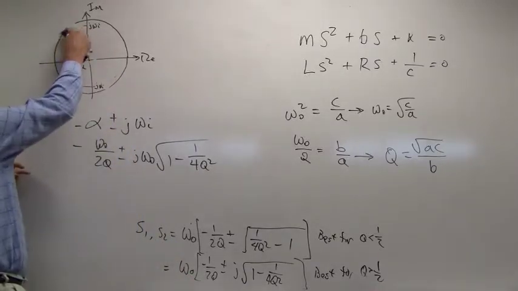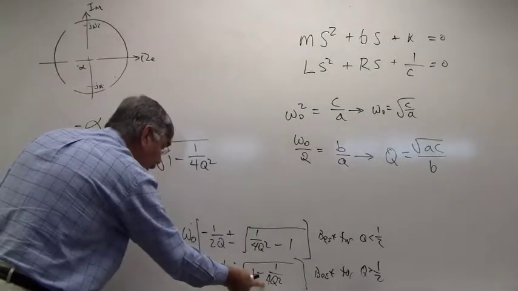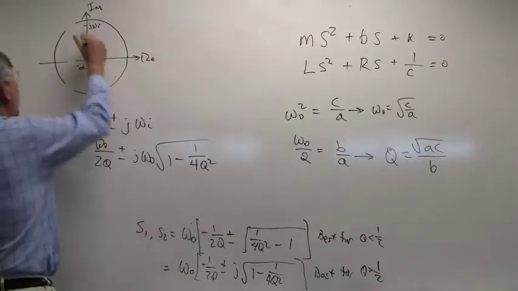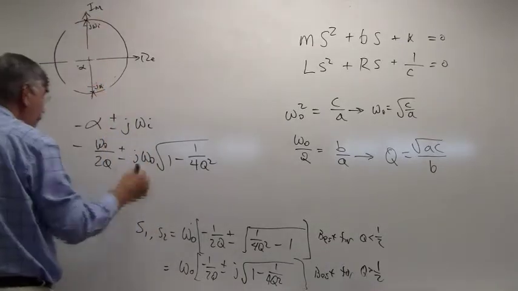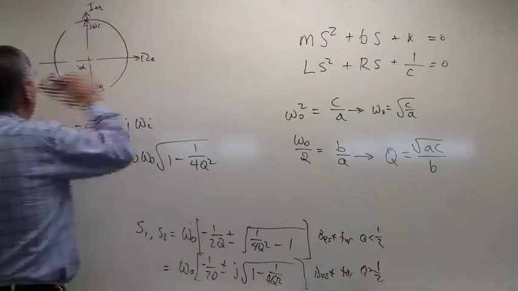If q goes all the way to infinity, you can easily show that this term goes all the way to omega naught, which is to say the roots would come up here, and alpha goes to 0, so it's pure imaginary.